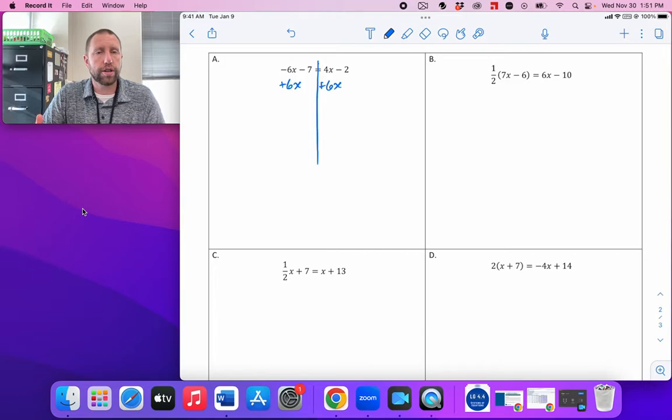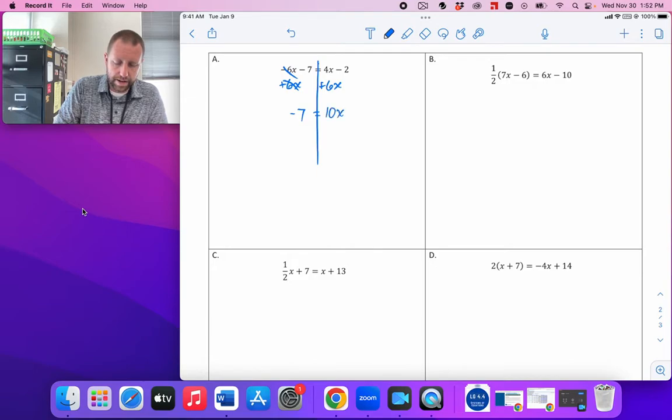Okay. Could you start by getting rid of the minus 7 first or getting rid of the minus 2 first? Yeah. And you could end up with the same answer as me, right? But I'm going to get rid of the smaller x first, and that's how I'm going to solve all of these, okay? When I add 6x, that gets rid of the minus 6x on this side. I'm left with a negative 7 is equal to 4x plus 6 more x's is 10x minus 2.